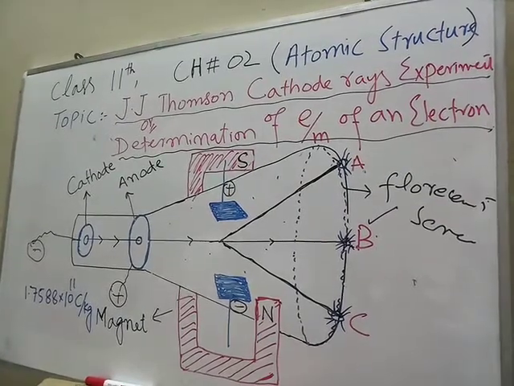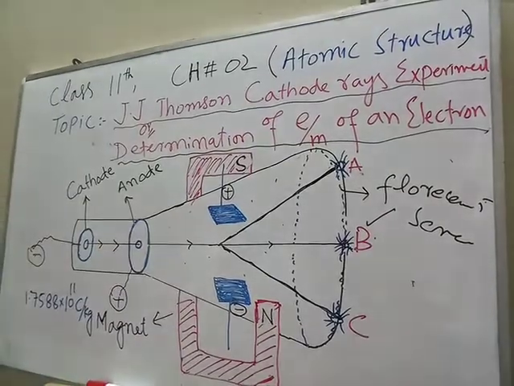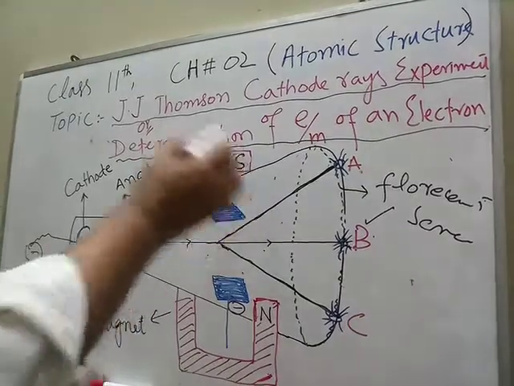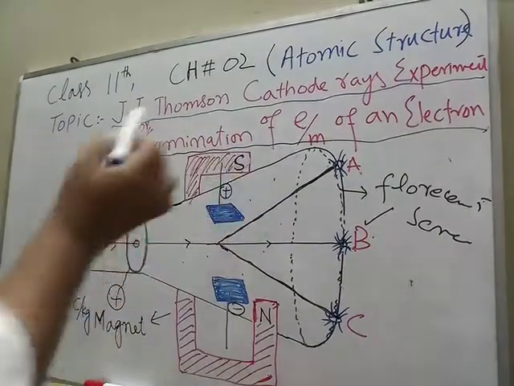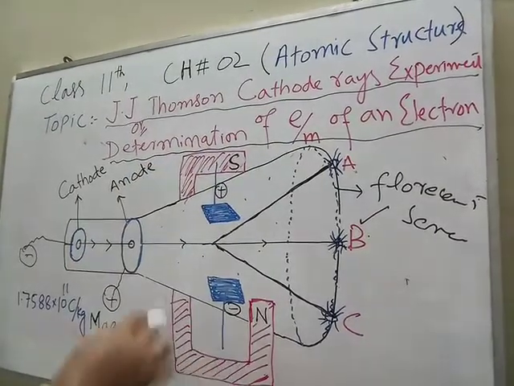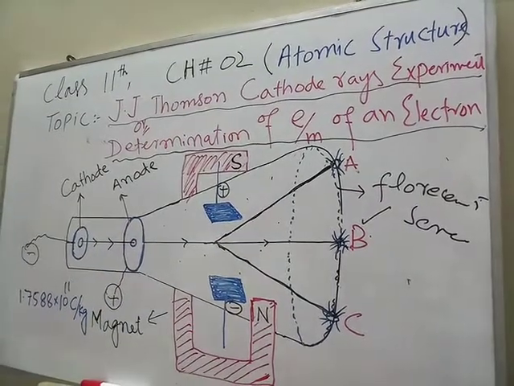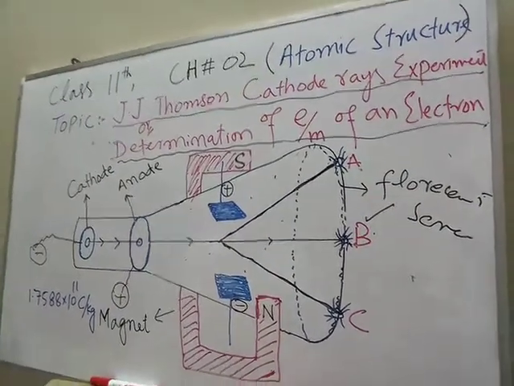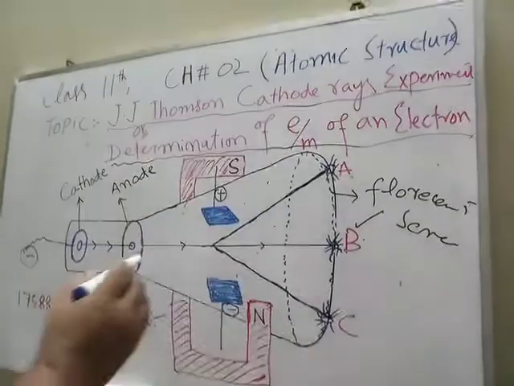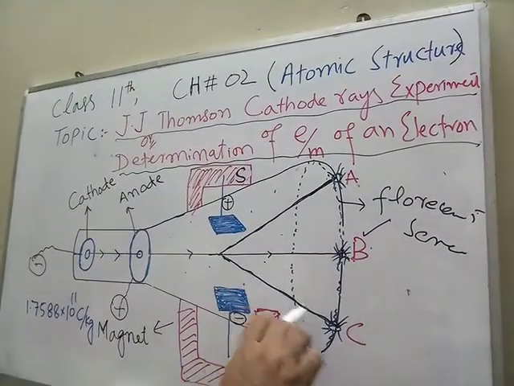Then J.J Thomson applied a magnetic field. He removed the electric field and applied the magnetic field around. This is shown as a magnet. That's the north pole. This is the south pole. When the magnetic field was applied at the path of the cathode rays, remember that a magnetic field neither attracts nor repels charged particles like cathode rays, but it bends their path into a curved path.